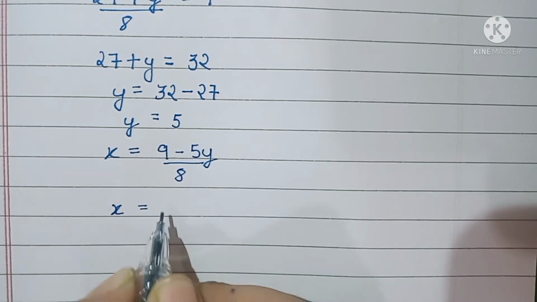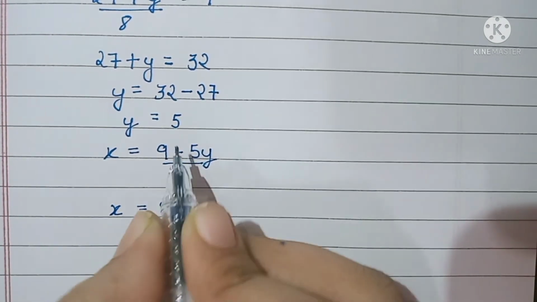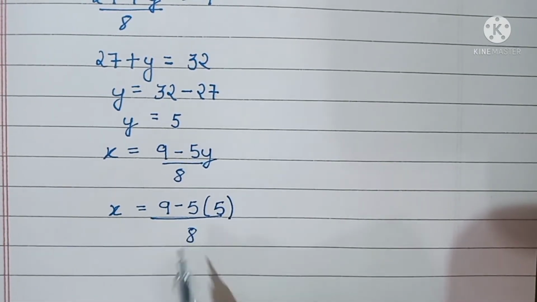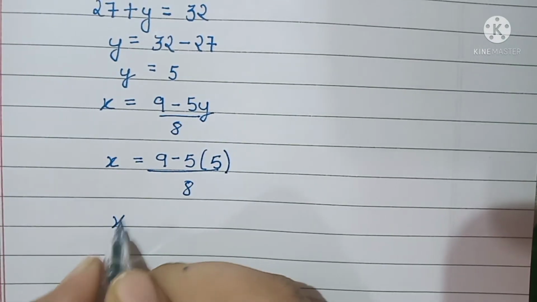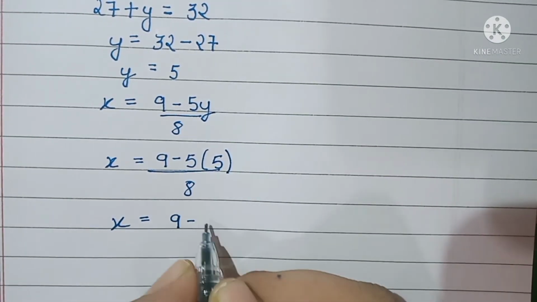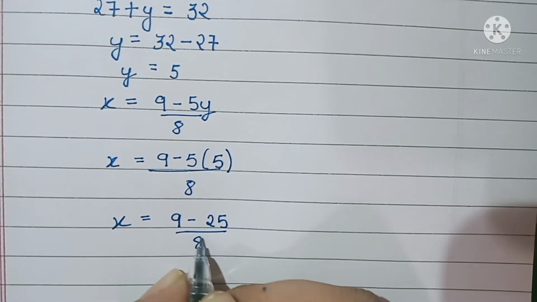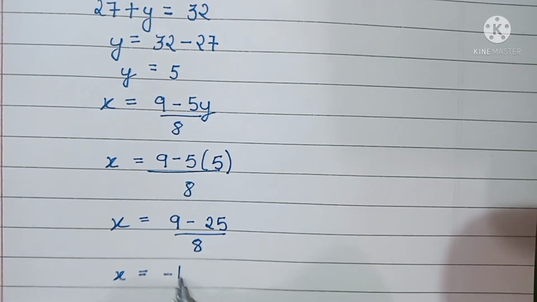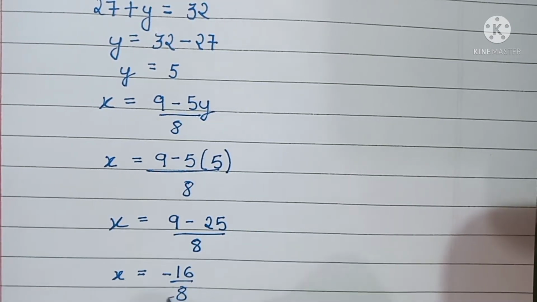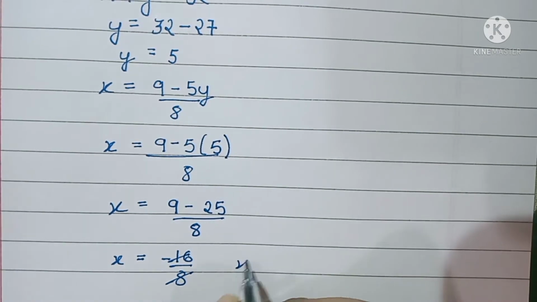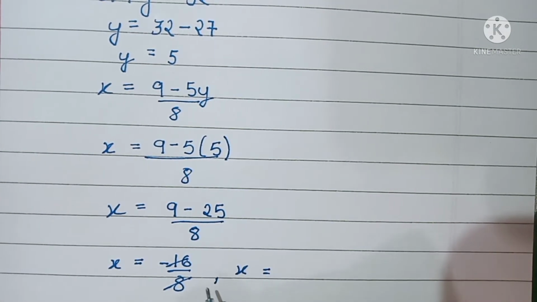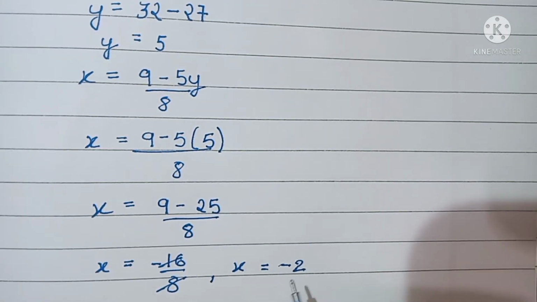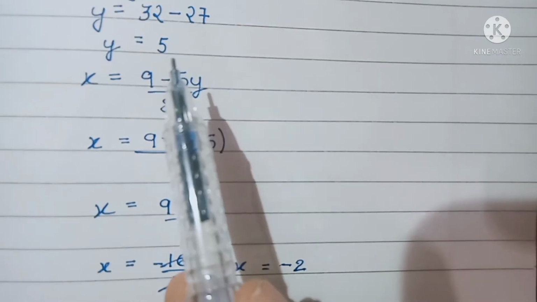So x is equal to (9 minus 5 times the value of y, which is 5) upon 8. x is equal to 9 minus 5 fives are 25 upon 8. x is equal to 9 minus 25 is minus 16 upon 8. 8 into 16. So the value of x is minus 2. So the value of x is minus 2 and the value of y is 5.